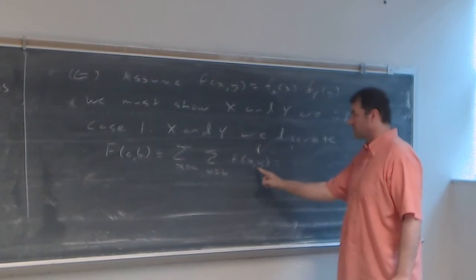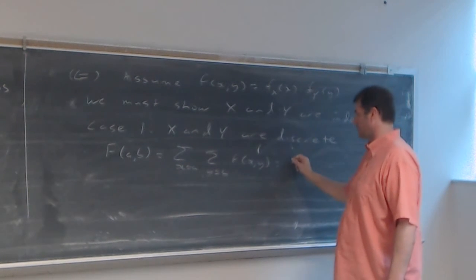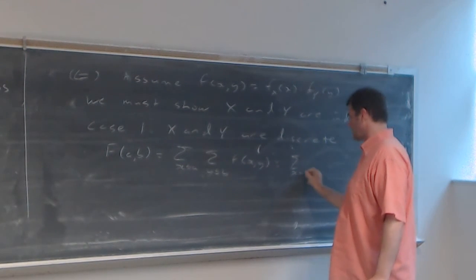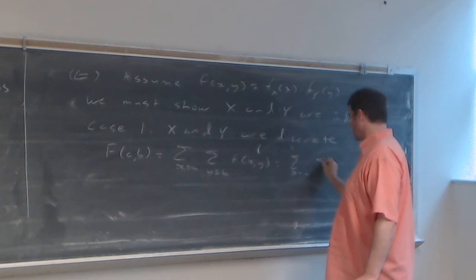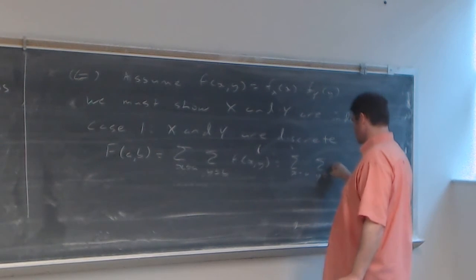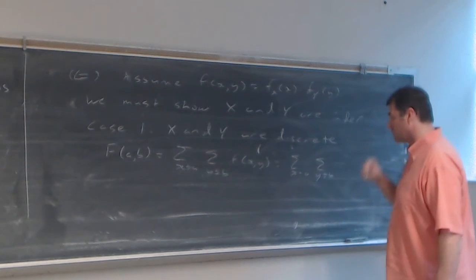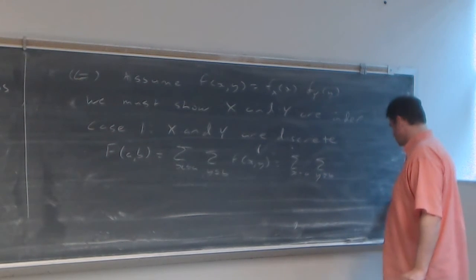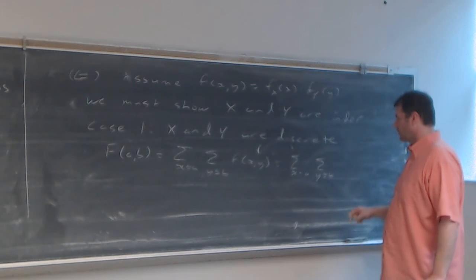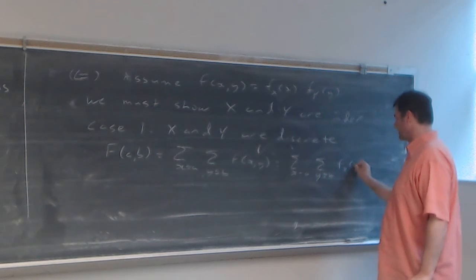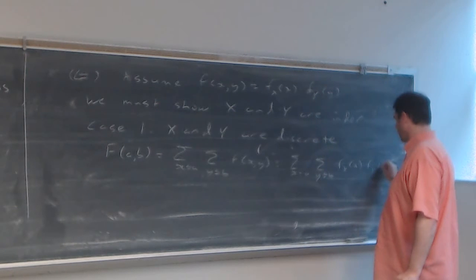And what we do is substitute what we're assuming here. We can rewrite this as f sub x of x, f sub y of y.